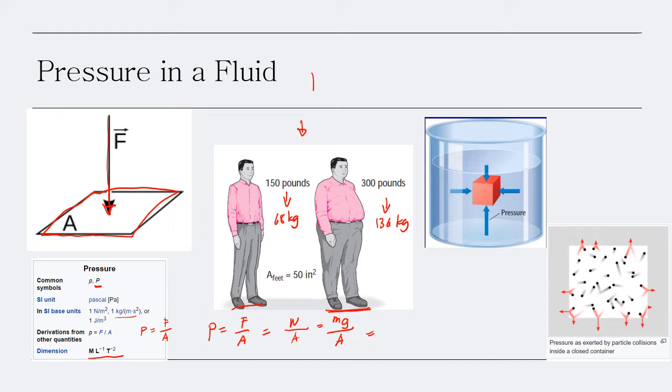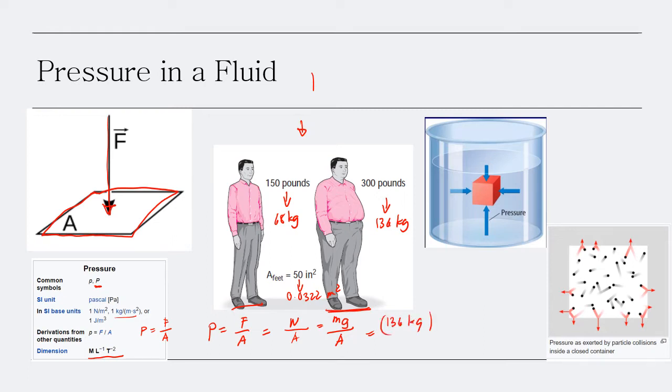And for the 50 inches squared, the area of the feet, this is approximately 0.0322 square meter.